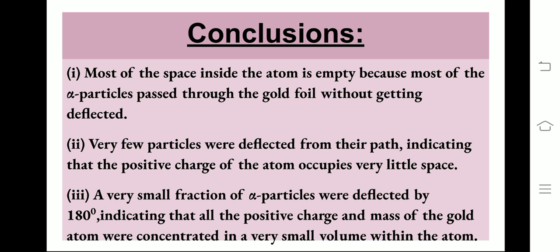A very small fraction of alpha particles were deflected by 180 degrees, indicating that all the positive charge and mass of the gold atom were concentrated in a very small volume within the atom. From this data, he calculated that the radius of the nucleus is about 10^5 times smaller than the radius of the atom.